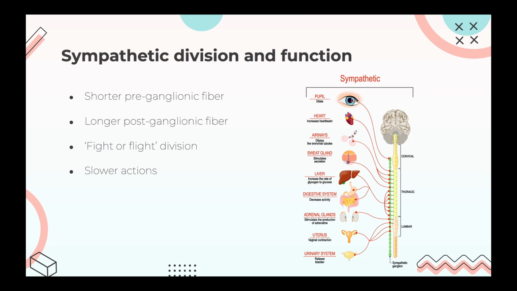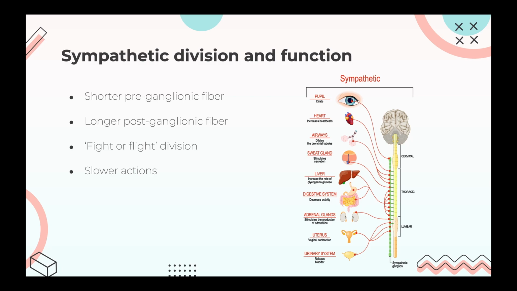The sympathetic division causes an increase in heart rate. It dilates your bronchi, which means that you can breathe in more air. It also stimulates sweat secretion, which is why during exercise you sweat a lot, thanks to having an increased heart rate and more efficient breathing.